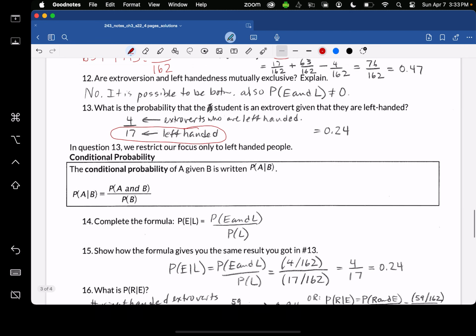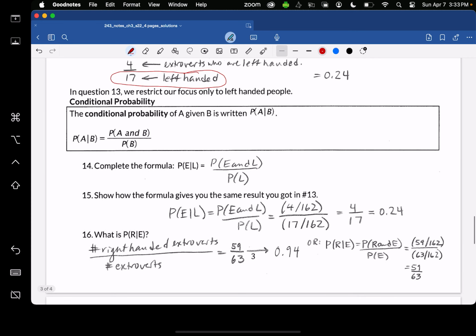Let's take a look at the formula for conditional probability. Before I was just giving you sort of an intuitive example. But here, if I say P of E given L, then the formula says P of E and L over P of L. Up here, the probability of A given B is the probability of A and B over P of B. You can memorize this, you can put this on your notes sheet to use on the test, but it's really the same thing that we just did.